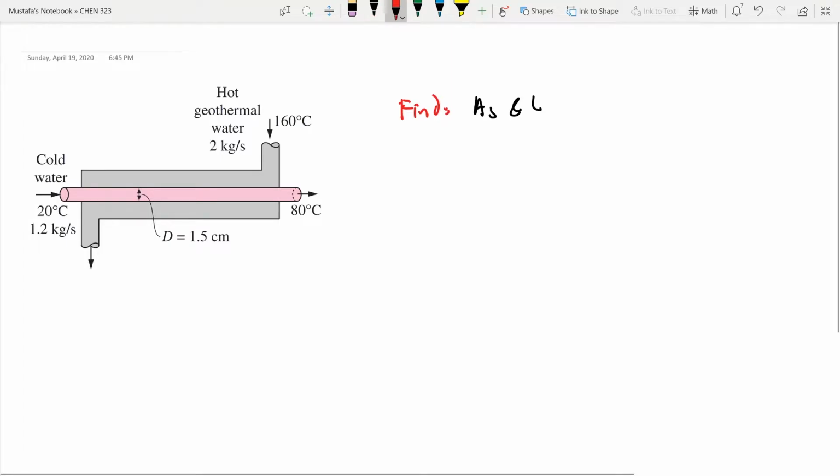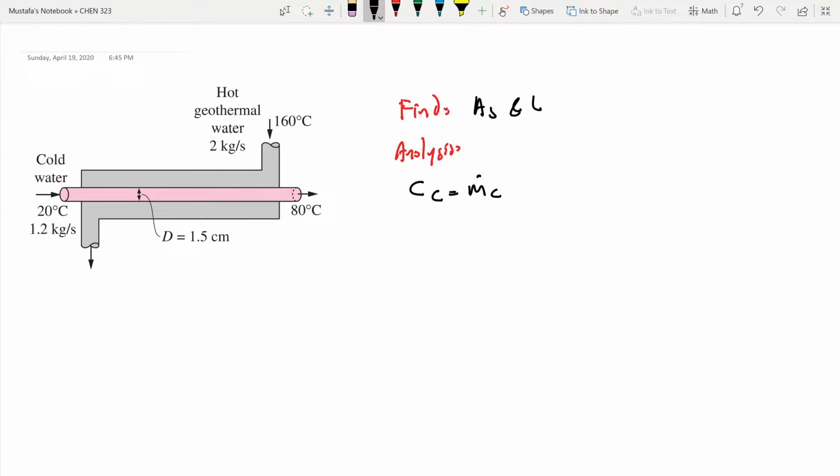What am I going to do? First I need to calculate C cold, m cold Cp cold, and C hot, m hot Cp hot. The cold flow rate is 1.2 kilogram per second.